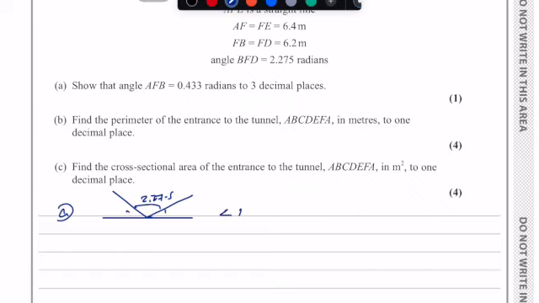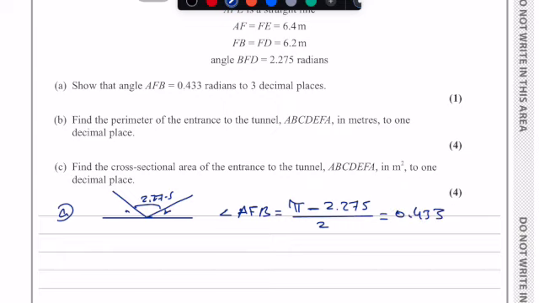So angle AFB is equal to pi minus 2.275 divided by 2. So both angles here are equal, so the answer is 0.433.